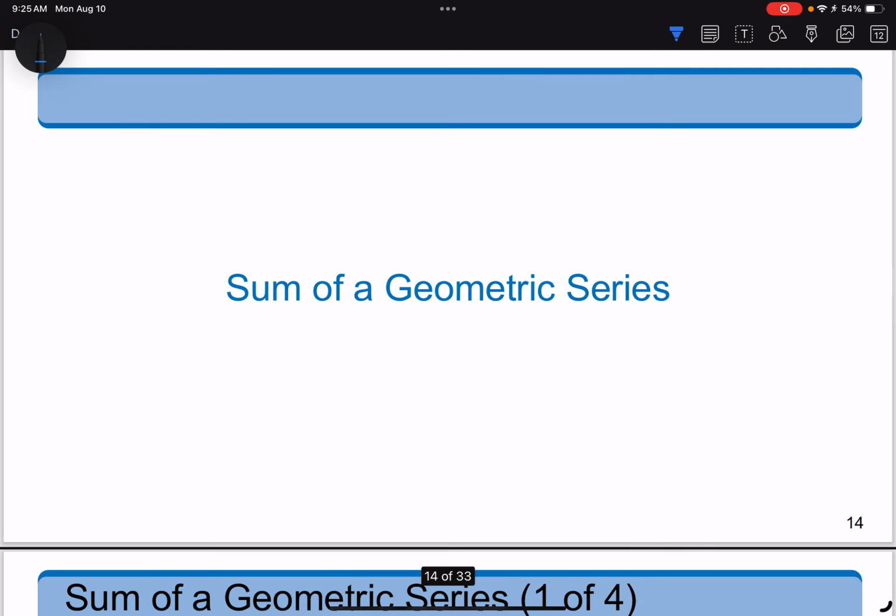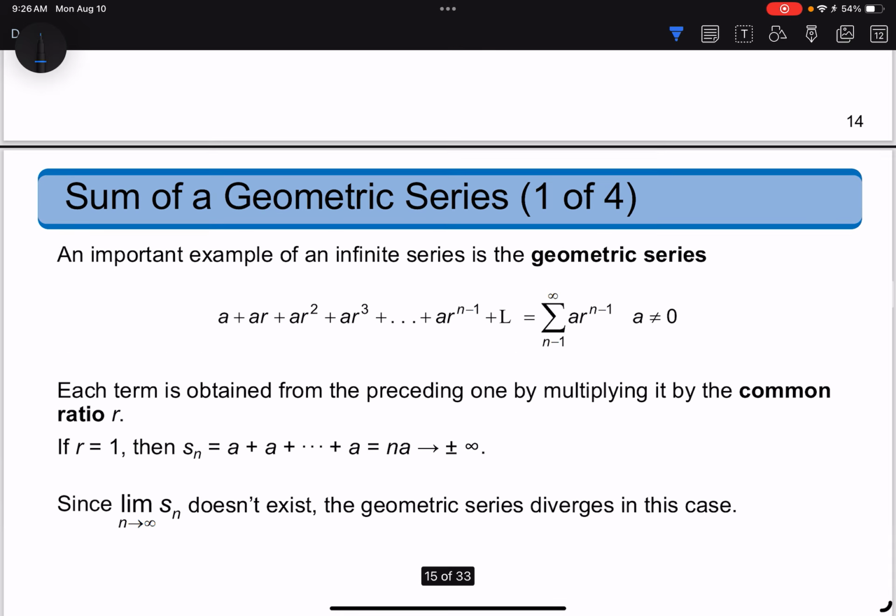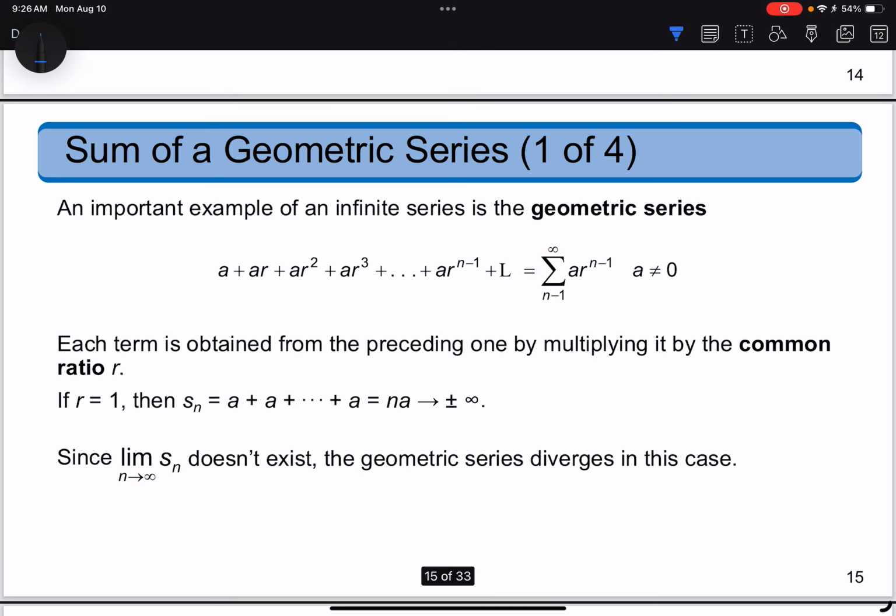Now let us compute for the sum of some known series or some sequences. An important example of an infinite series is the geometric series.